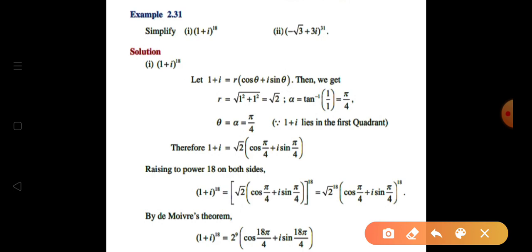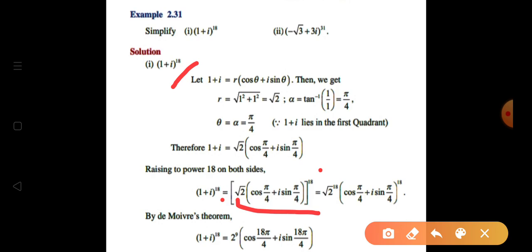Now raising to power 18 on both sides. Given sum (1 plus i) whole power 18, the right hand side is root 2 into (cos pi by 4 plus i sin pi by 4) whole power 18.